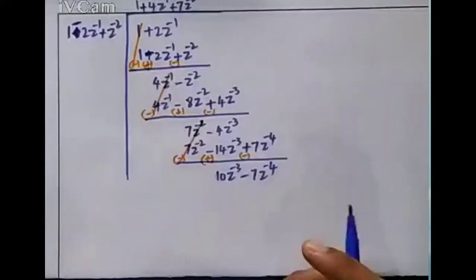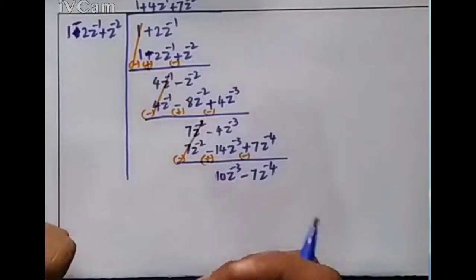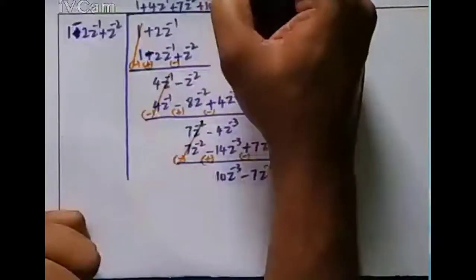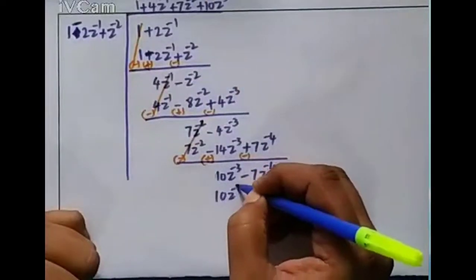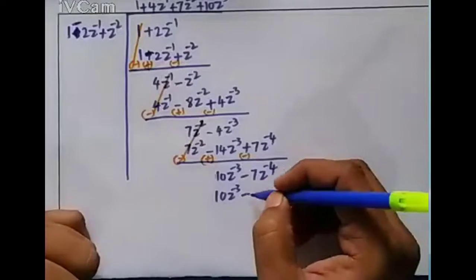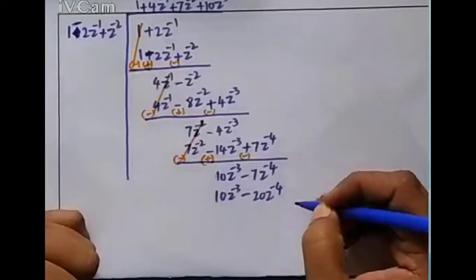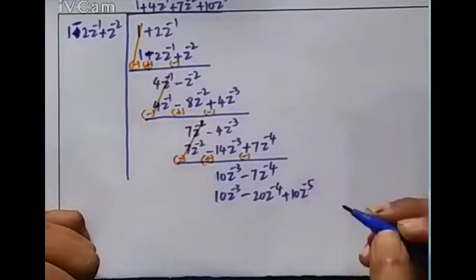Okay, and I will consider one more here, and then I will stop that. So I will have 10z^-3, that would be minus 20z^-4 and plus 10z^-5.